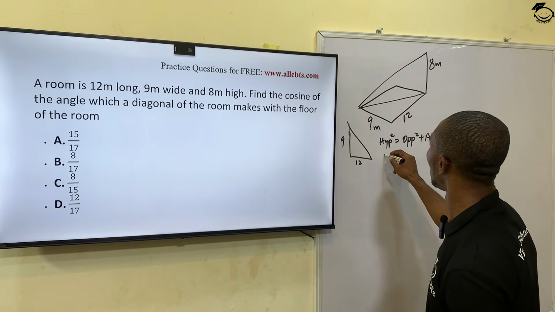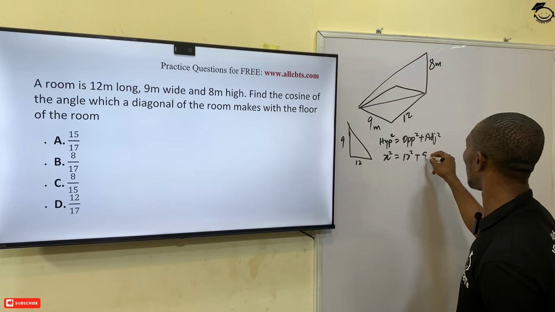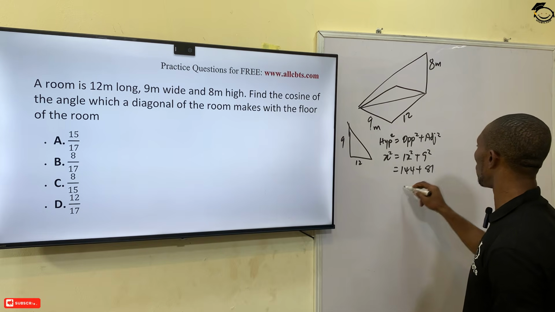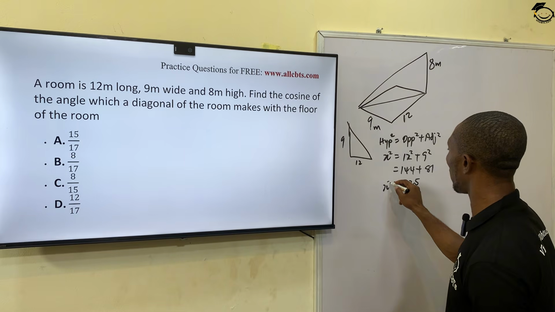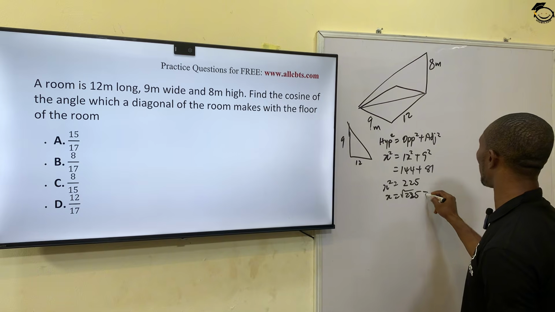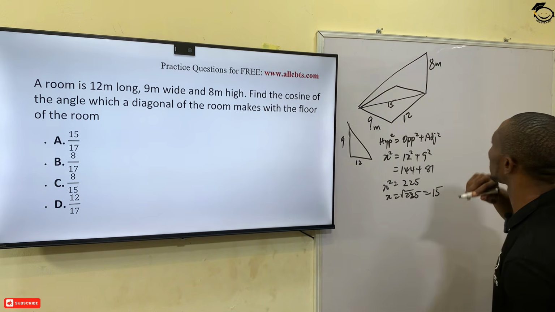This gives us hypotenuse squared equals 12 squared plus 9 squared. So this will be 144 plus 81, which gives us 225. So the square root of 225 is 15. So our floor diagonal is 15.